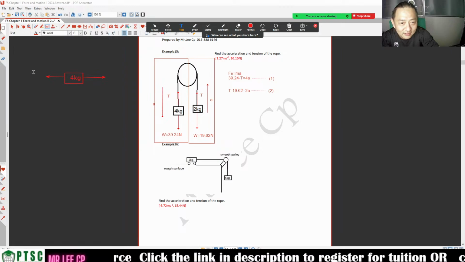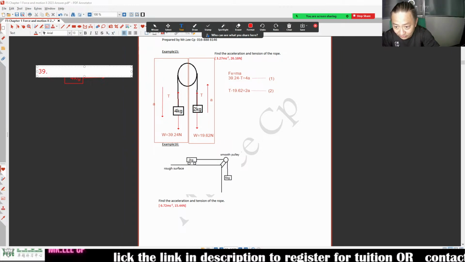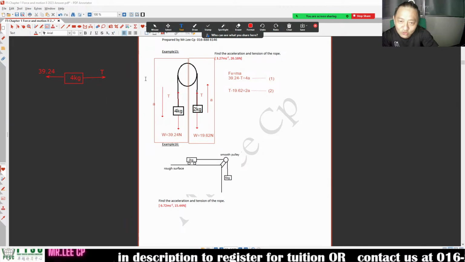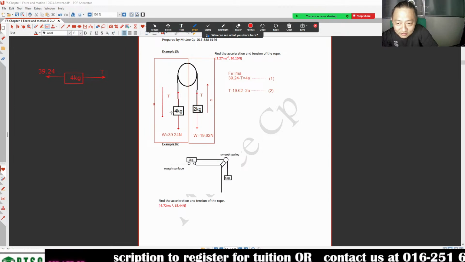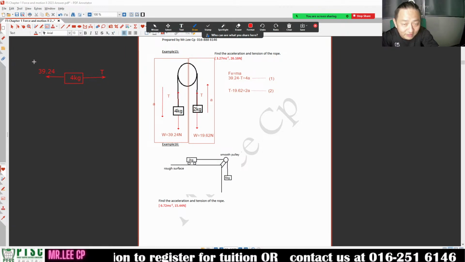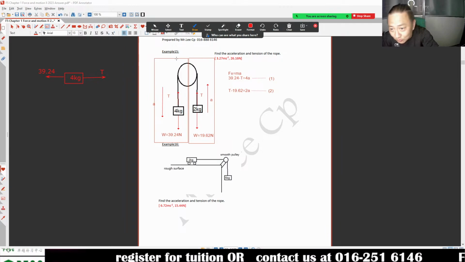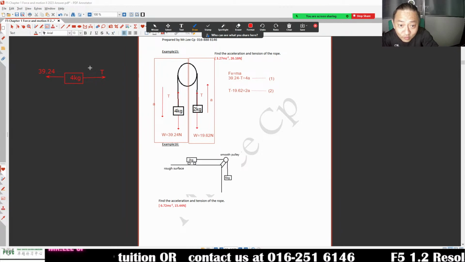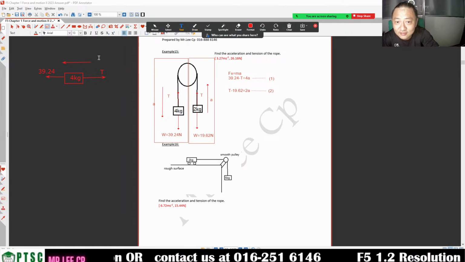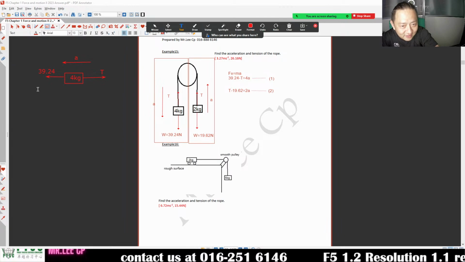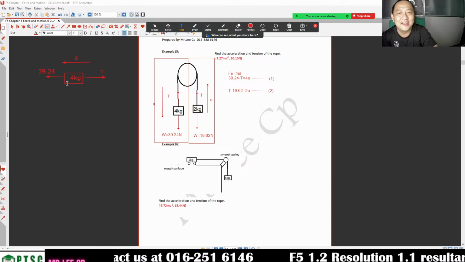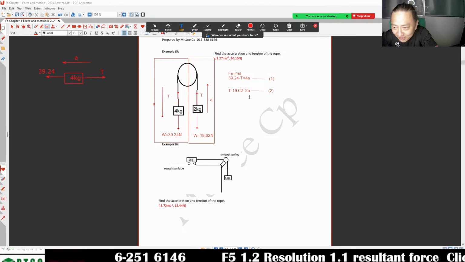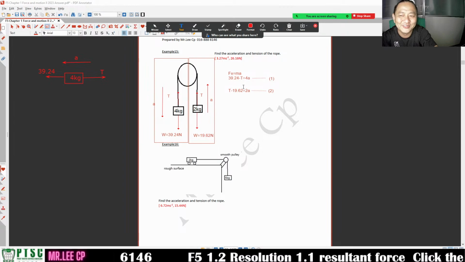The 39.24, okay, no problem. This one has tension, also okay. Now this one goes up or down, she didn't know. I said simply, if this one is left, the other one is right. If this one is right, then this one is left. If you know the weight is more on this side, this one minus this one is 39.24 minus T is equal to 4A.